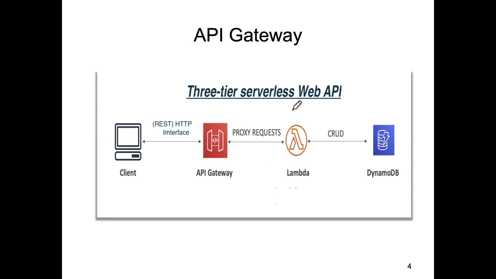We have lambdas, so you can imagine now that you have many lambdas, not just one, connected with the API Gateway. You have a single point of entry, though, to these lambdas. And we've got some sort of database or state management on the extreme right. And in our case, we'll probably use DynamoDB. So that's your classic three-tier serverless web API.